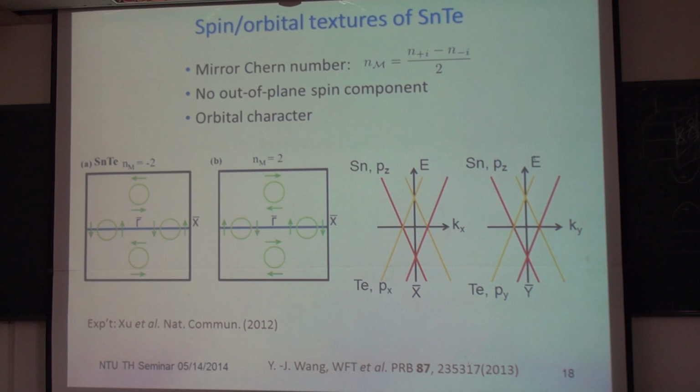This is special because it's not necessary to have spin-orbit coupling, and its surface state dispersion is not Dirac-like. But the other one is this mirror symmetry protected topological insulator.